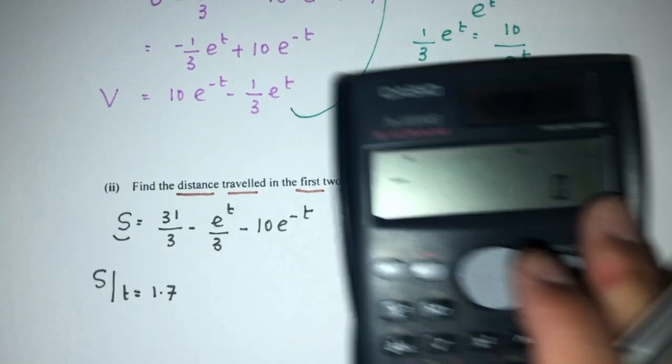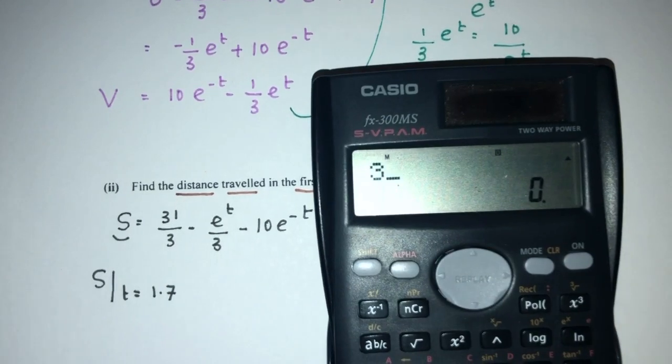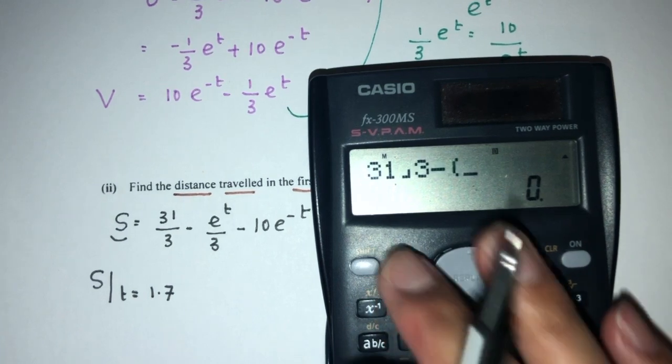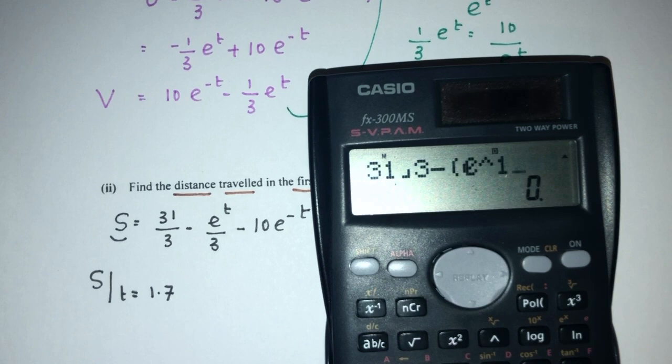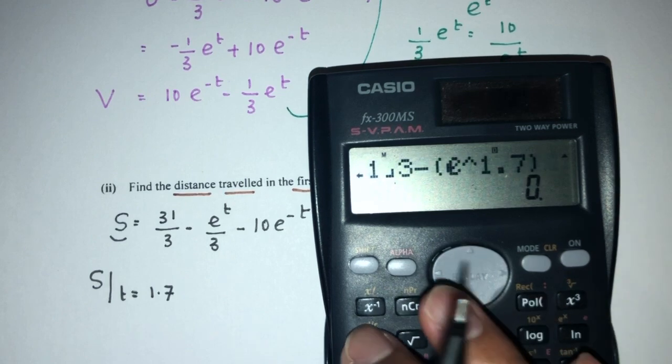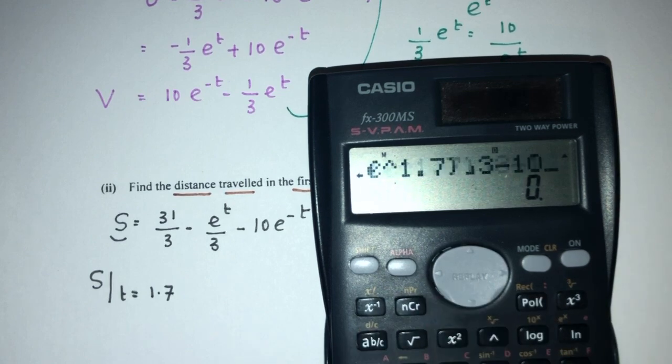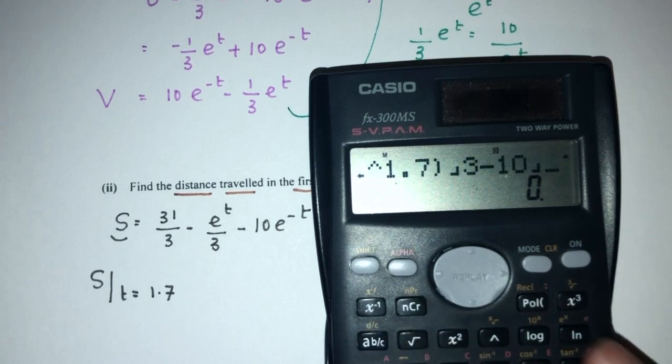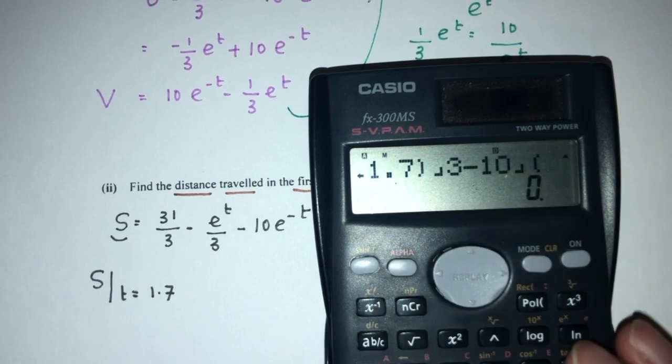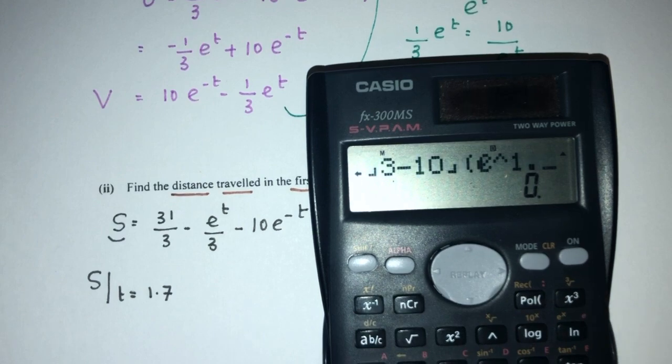Replace back in your formula, you will have 31/3 minus e^1.7 over 3 minus 10 over e^1.7.